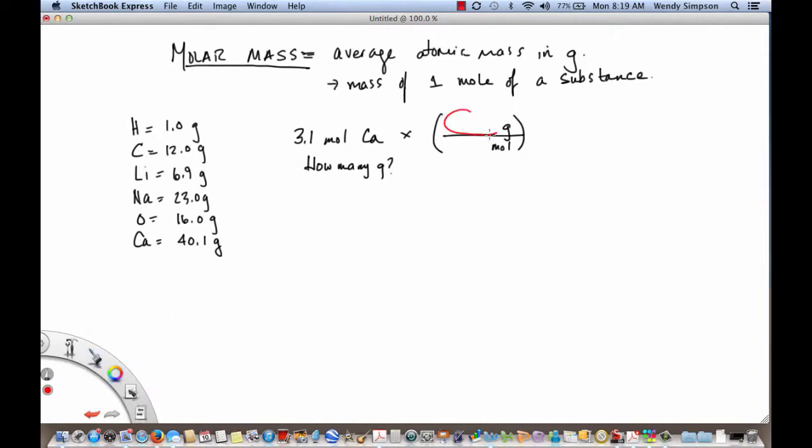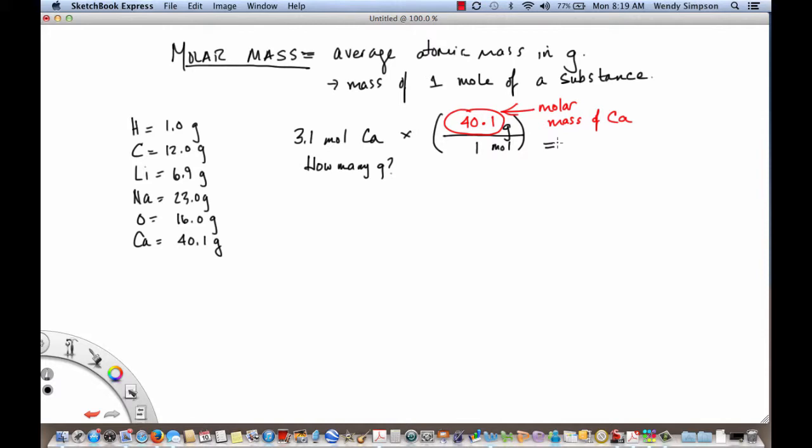So this value here would be the molar mass, and in this case, calcium, because that's what we're working with. And the molar mass of calcium is 40.1 grams. And we would put that over 1 mole. So this becomes a multiplication problem.